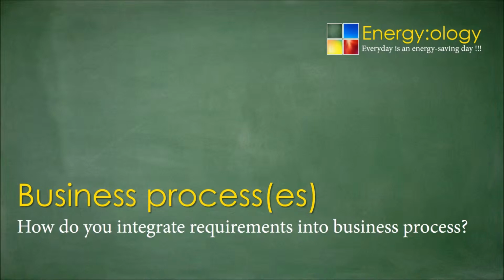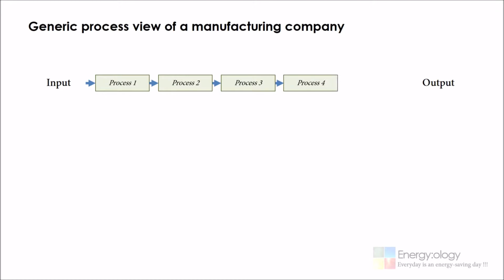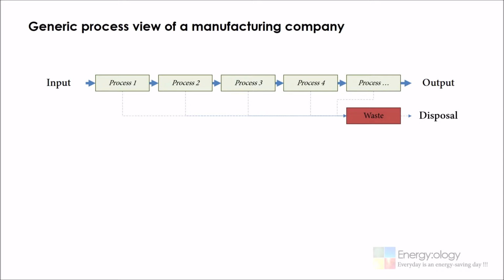It is therefore important to understand what business processes are. In a manufacturing environment, business processes is the various steps that convert the raw material input into a saleable product output to your customers. In each of the process, there may be some waste that is generated that needs to be managed and disposed.